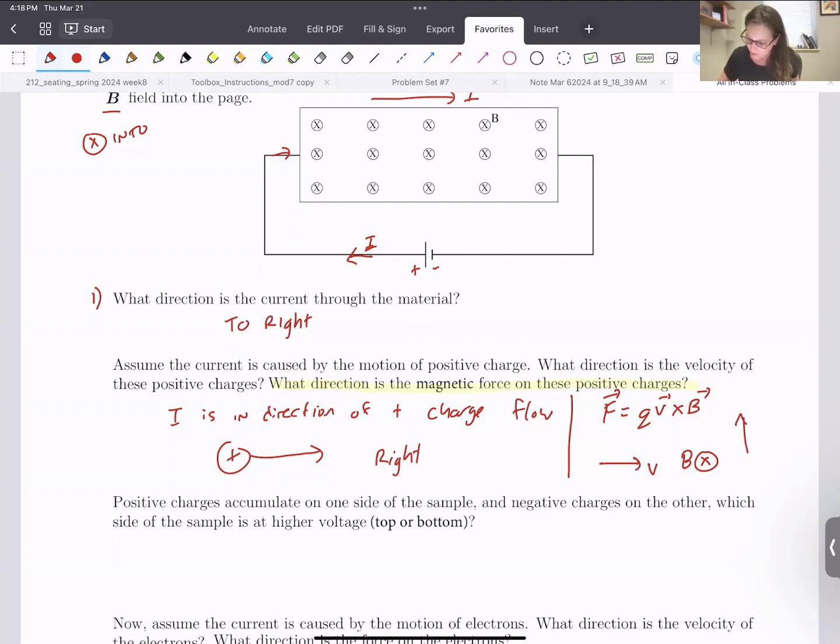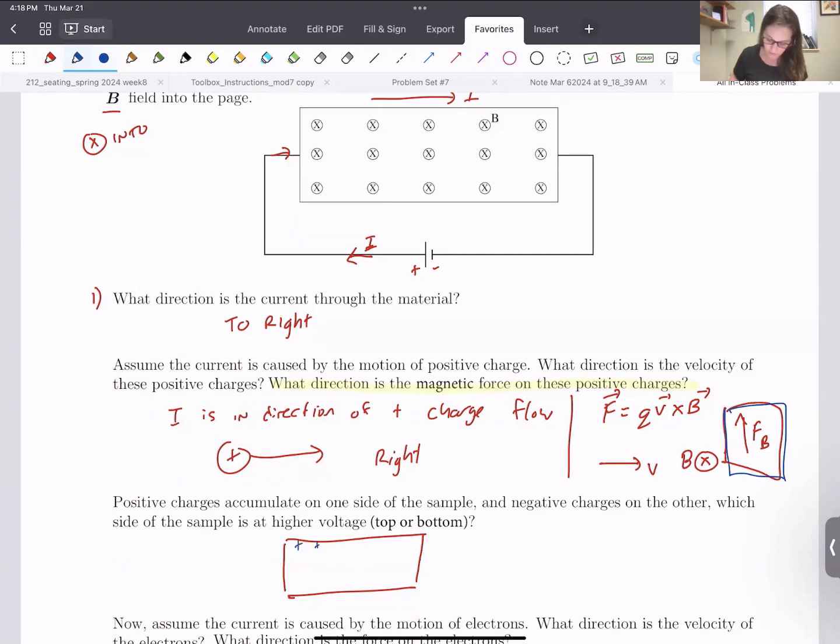So I have that my force is up. The force is towards the top, right? And so what that means then is if we look at what's happening, here's my sample, because my force is up, all my positive charges end up at the top, kind of leaving an absence of charges at the bottom.